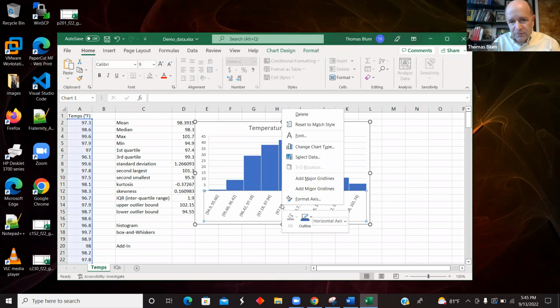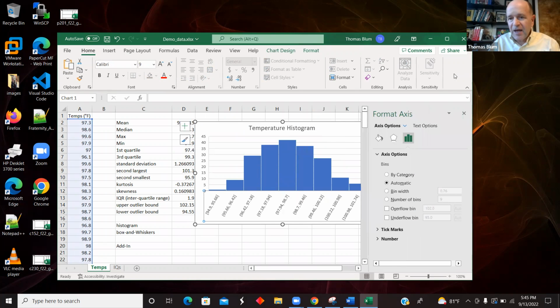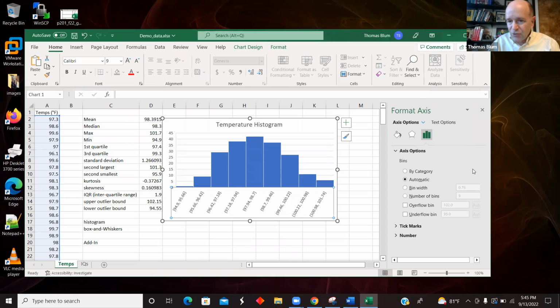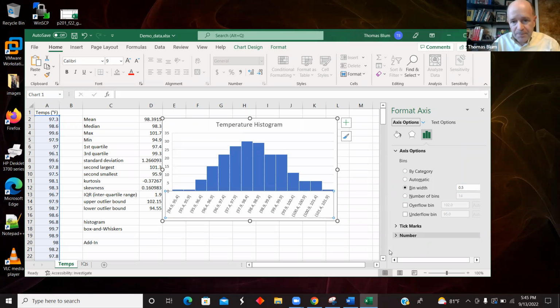Now, if we right-click down here and choose to format the axis, there are some things that Excel gives us control over. Right now, there are a number of bins. We can control how wide these bins are. I can say I want them to be half a degree, and then it will figure out the range of bins based on that.